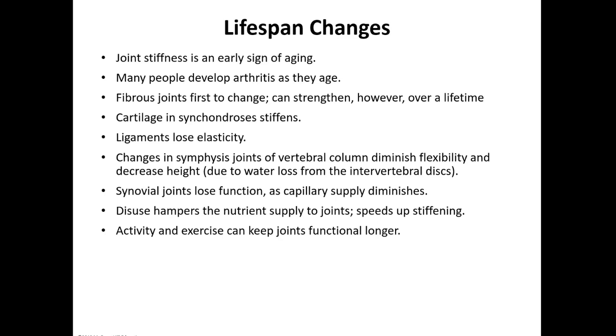And many people develop arthritis as they age, because as we get older, most of us don't get as active as we used to be, probably because of our job. We wake up, boom, you're at work, you're home, take care of the kids. We don't really have time for ourselves to be active and exercise, so many of us are going to develop arthritis as we age.